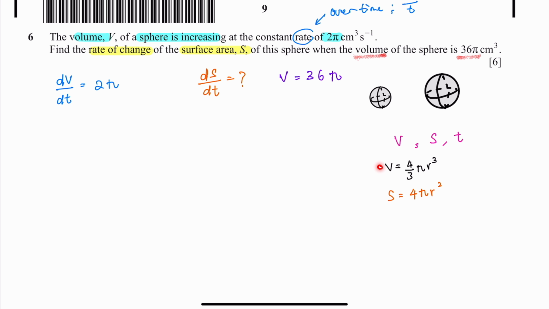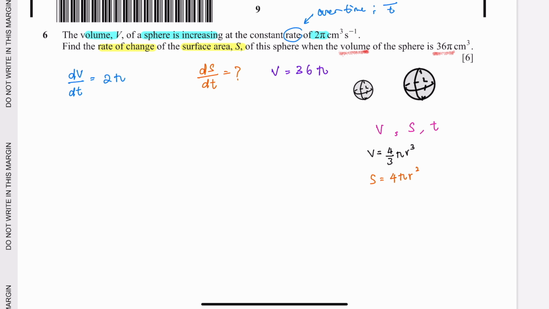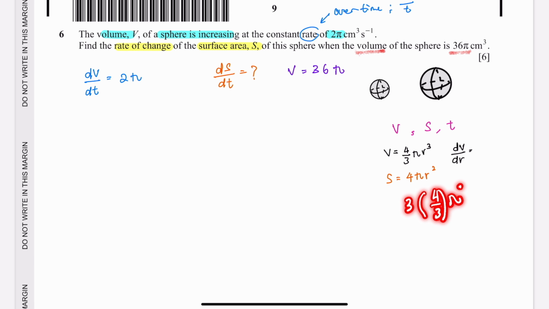Since we know our volume is 4 over 3 pi r cubed, let's differentiate our volume. dV over dr, because our unknown here is r, so we want to differentiate the volume with respect to the radius. Power rule, 3 brought forward, 3 times 4 over 3 pi r to the power 3 minus 1.